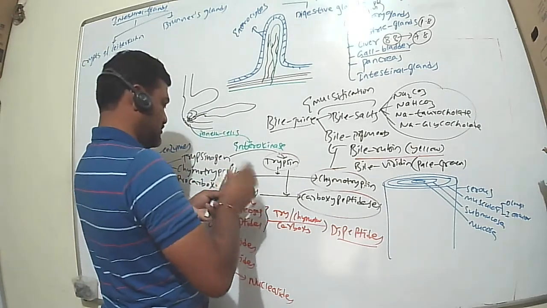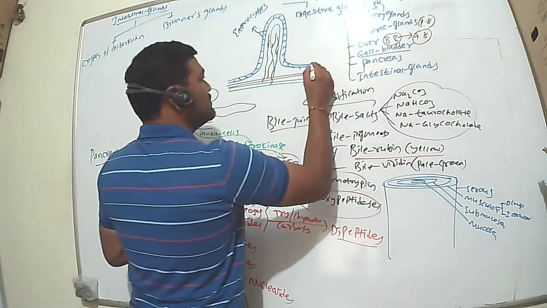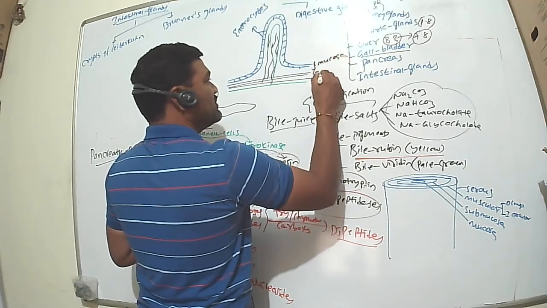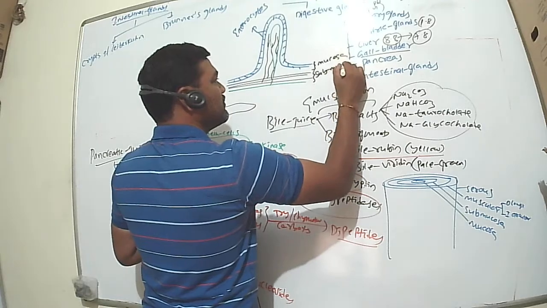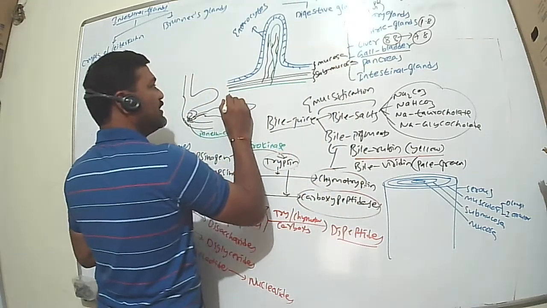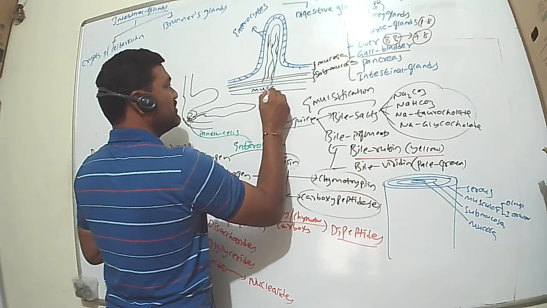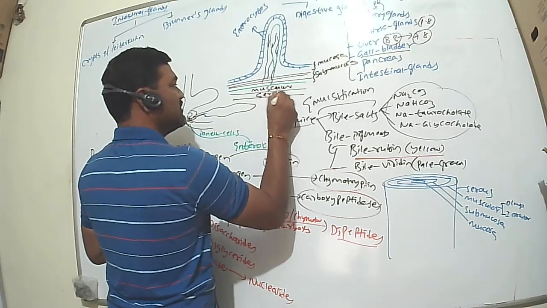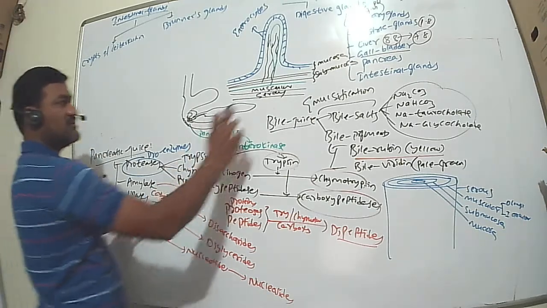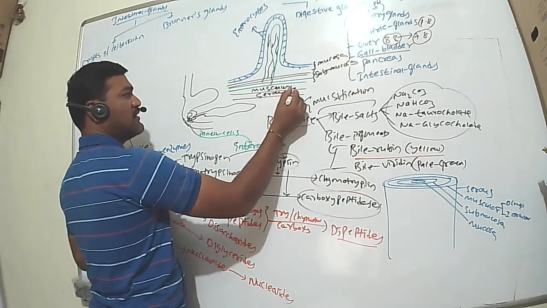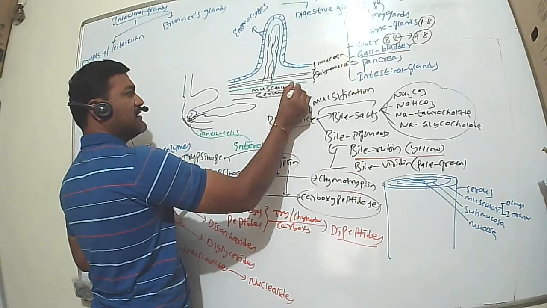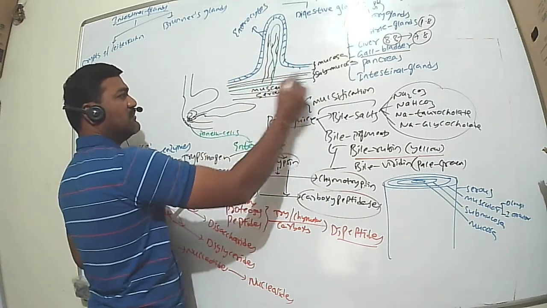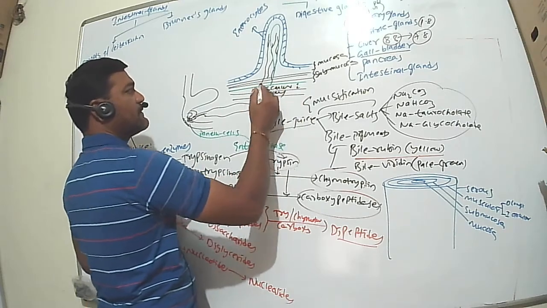All these three make the submucosa, and this is the mucosa. Then you have the muscular layer, and outside you have the serous layer. In the muscular layer you have outer longitudinal muscles and inner circular muscles, and then you have the submucous layer which has all these blood capillaries and lymph vessels.